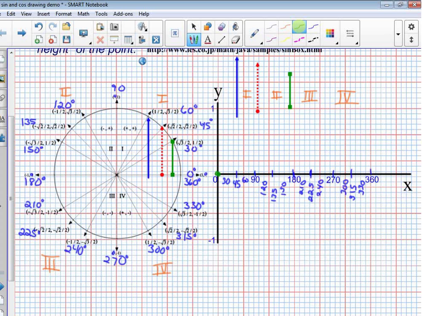Now the sine of 30 is represented by a distance from the x-axis up to that coordinate, radical 3 over 2, comma 1/2. These are accurate measurements. So this angle here is truly 30 degrees. So that distance there would represent the sine of 30.